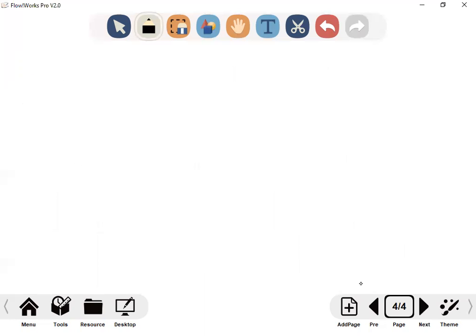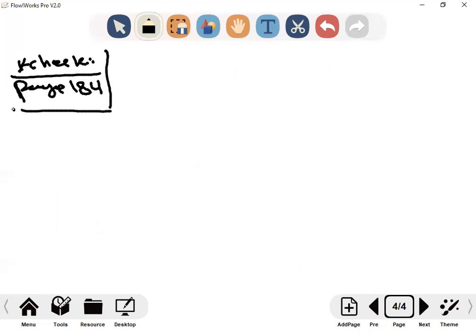Page 184. Use your copy book, please. So we are in the check, page 184. Solve 9x power 2 minus 3x plus 18 equals 0.